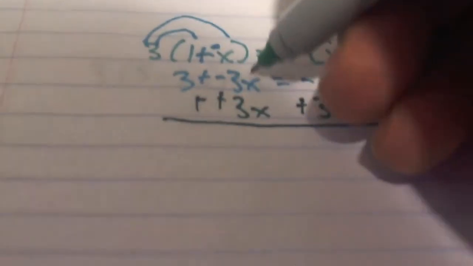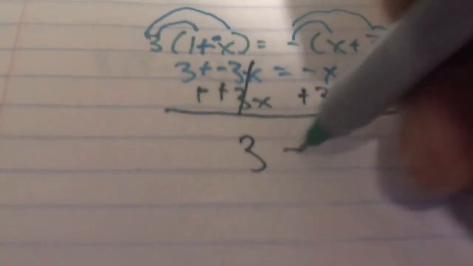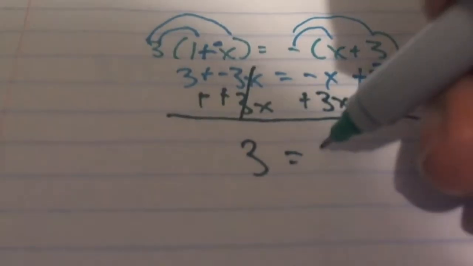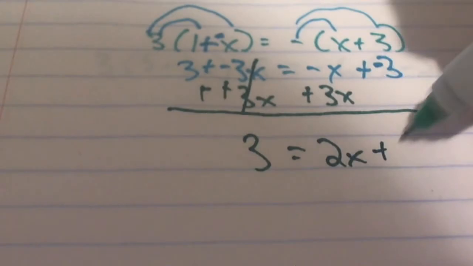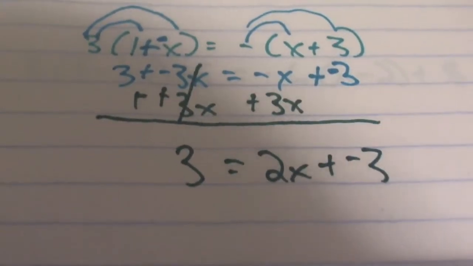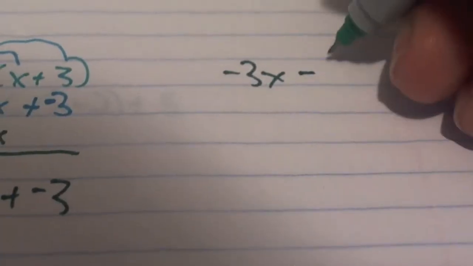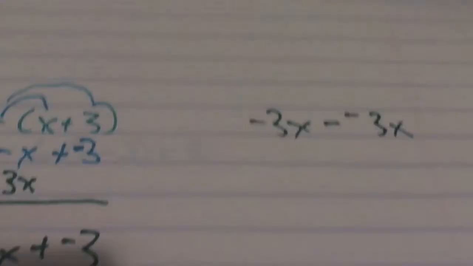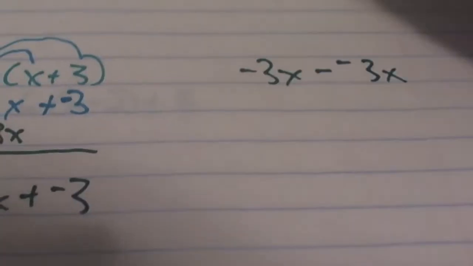Okay, I'm gonna explain that again right now. So negative x plus 3x is 2x. Bring down the plus negative 3. Alright, so I said it was negative 3x minus a negative 3x. Now, you put this in your calculator. Obviously, don't put it with the x's.